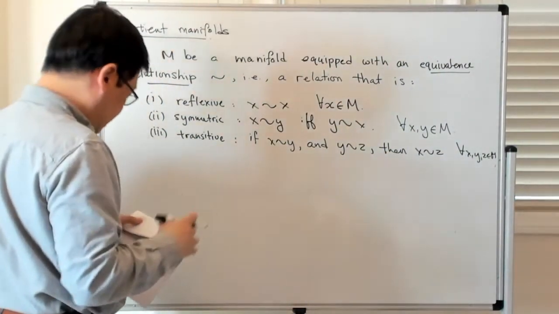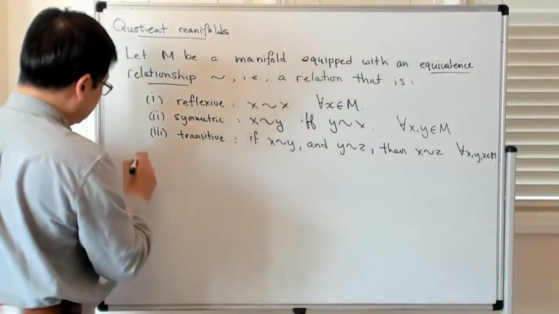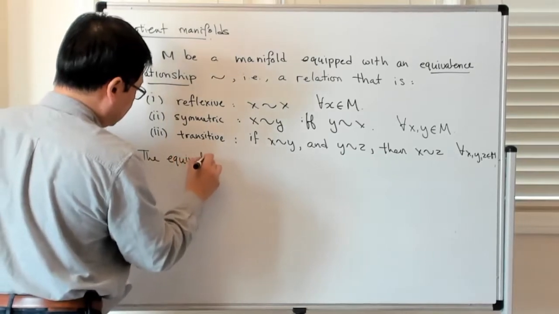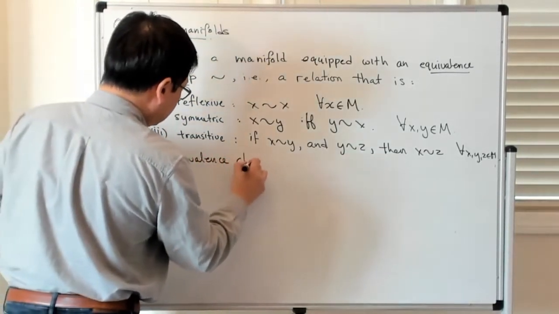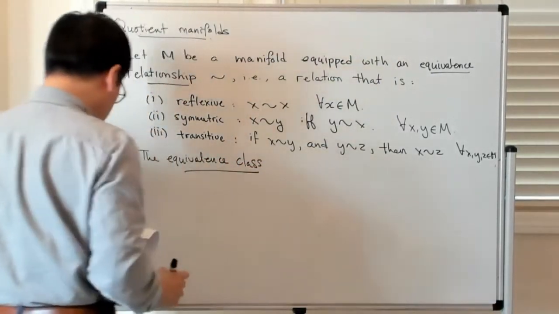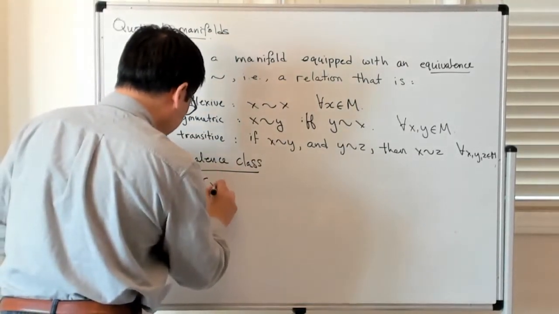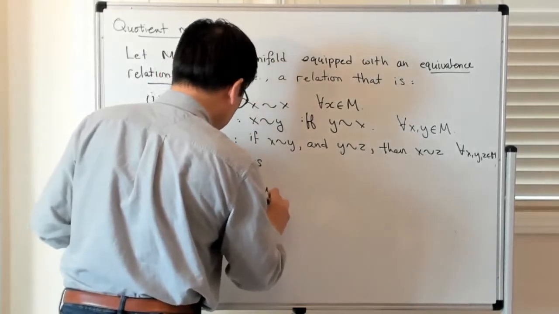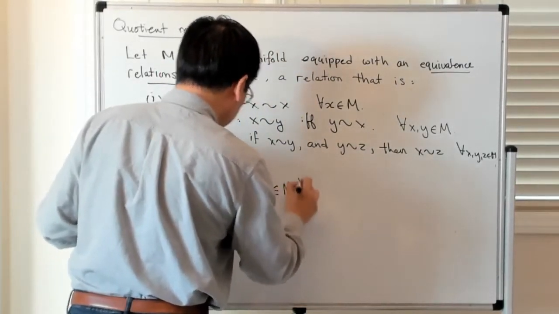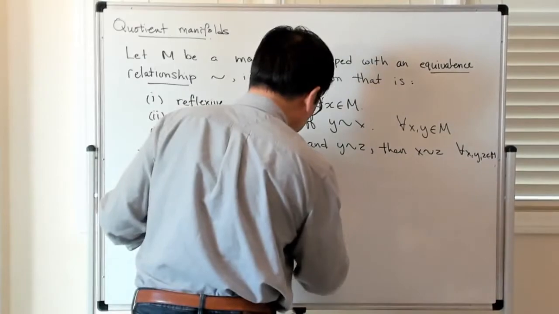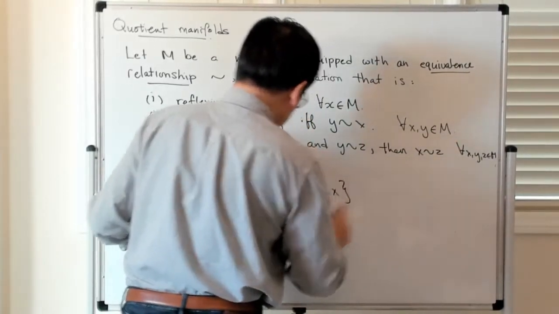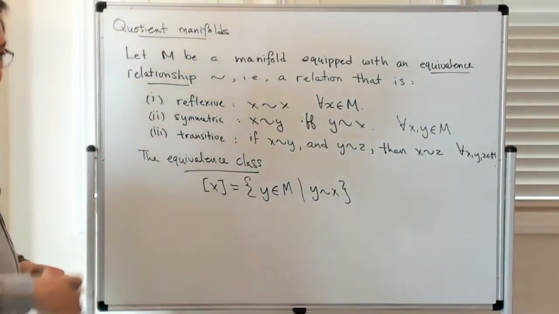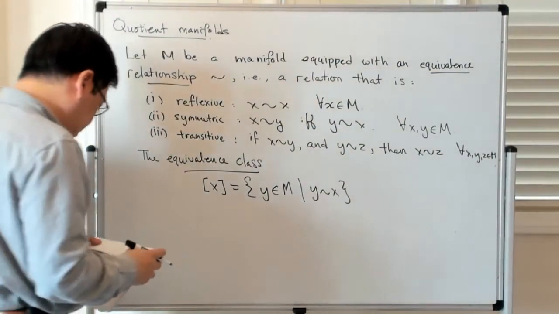Then you can look at what is known as an equivalence class. The equivalence class of X, often denoted by a square bracket, is the set of points Y in the manifold with the property that Y is related to X. So the equivalence class of X is the set of elements in the manifold which are equivalent to it.